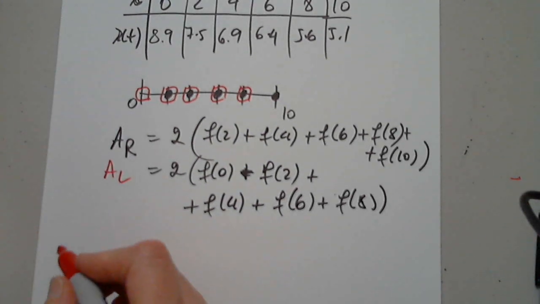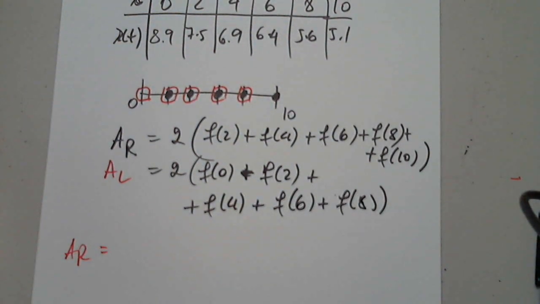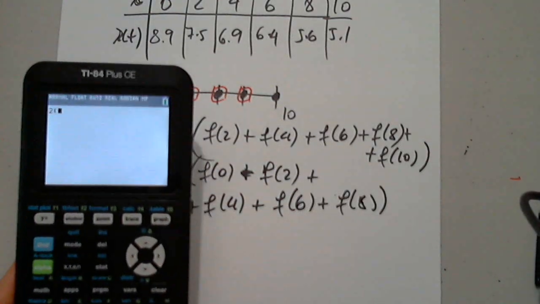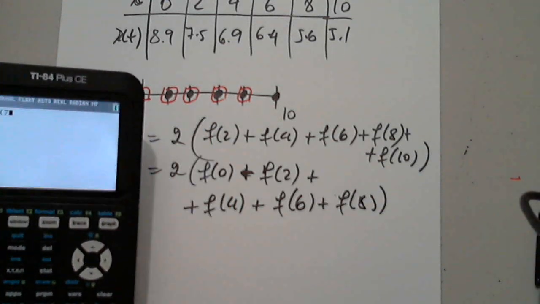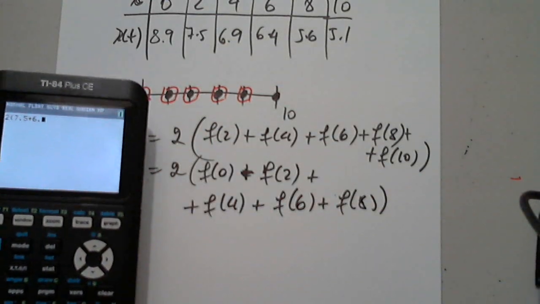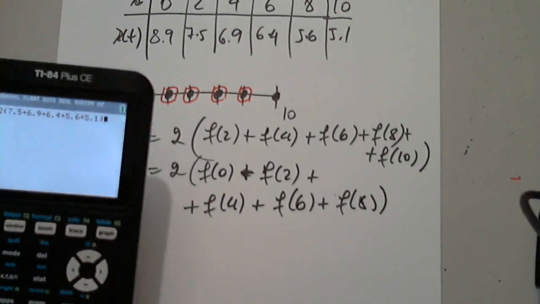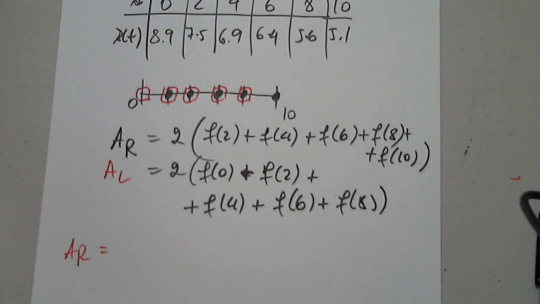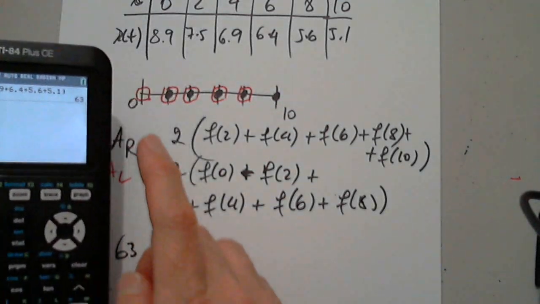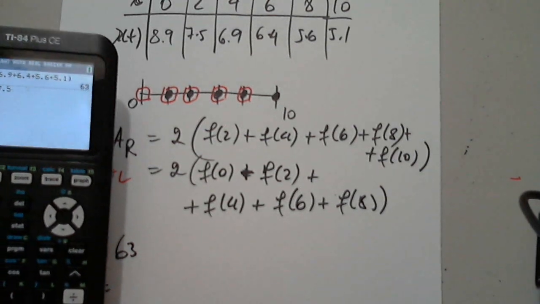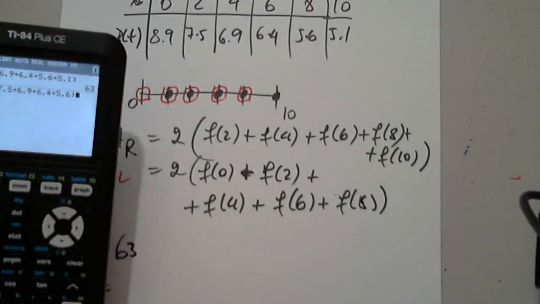So the right sum will be 2 in front and f of 2, 7.5 plus 6.9 plus 6.4 plus 5.6 plus 5.1, 63. And the left will be 2 times 8.9 plus 7.5 plus 6.9 plus 6.4 plus 5.6.